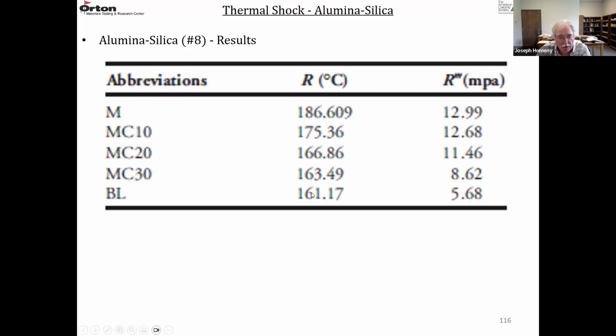So R goes down as the material becomes denser, you would expect that. And then R3 prime also goes down, and you would expect that to decrease as the density goes up, and you're losing the mullite needle-like microstructure.